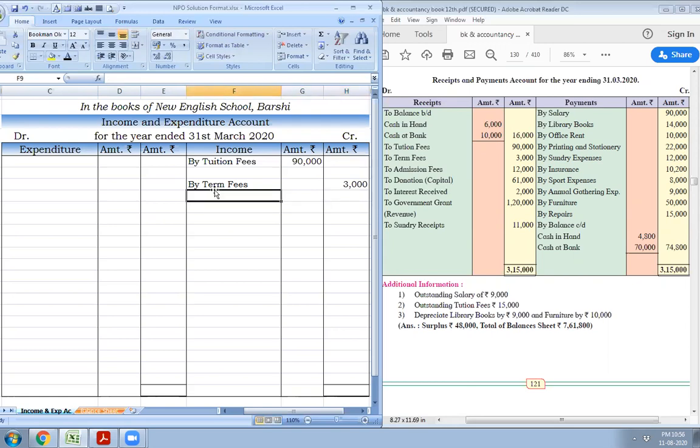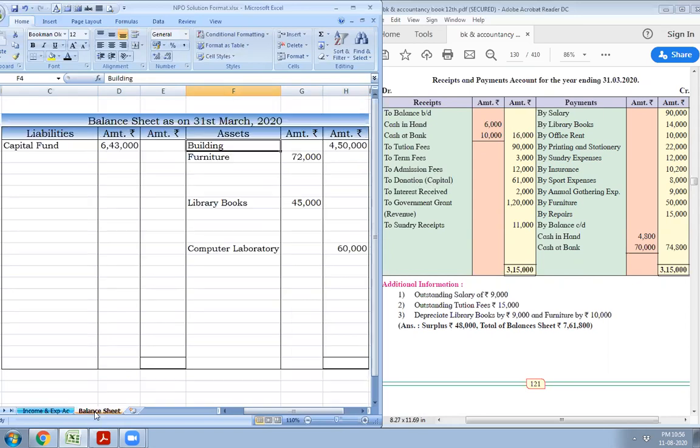Next item, admission fees, amount rupees 12,000. Donation is to be capitalized, so we will add it to donation or capital fund.